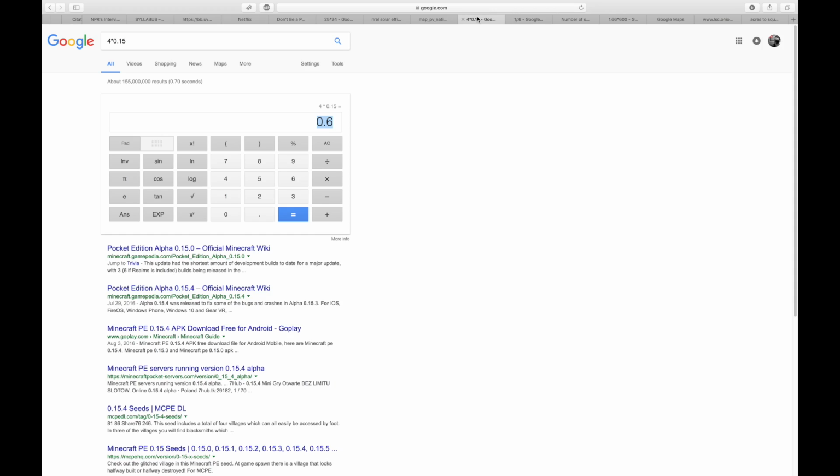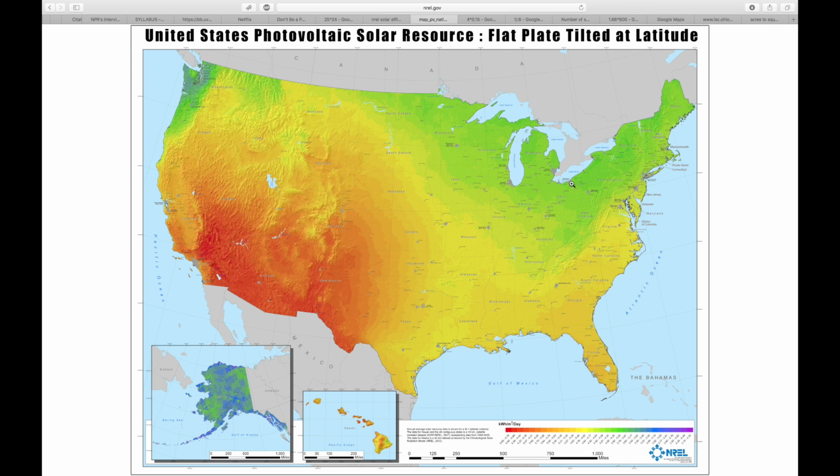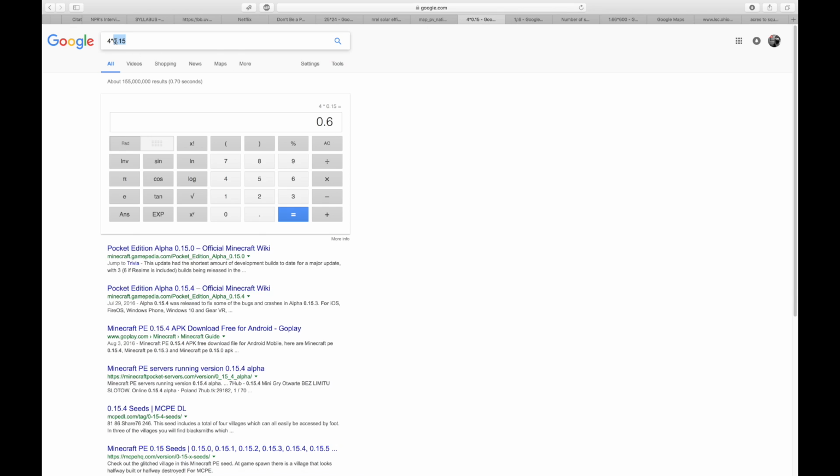This is the total amount of sunshine hitting this part of the country per day. But if we factor in the 15% efficiency per square meter, we can generate around 0.6 kilowatt hours per day in the real world.